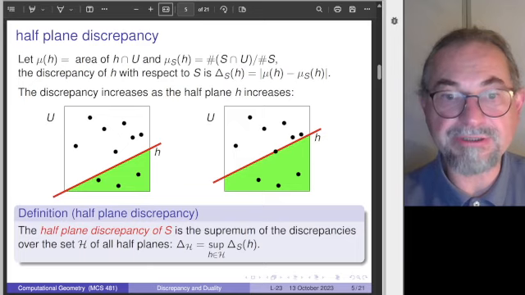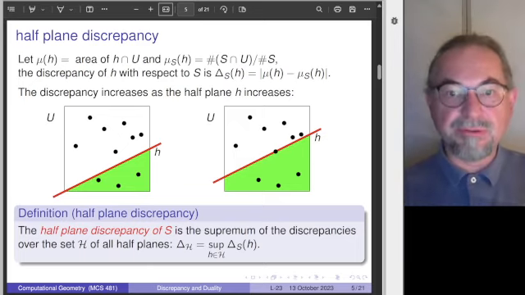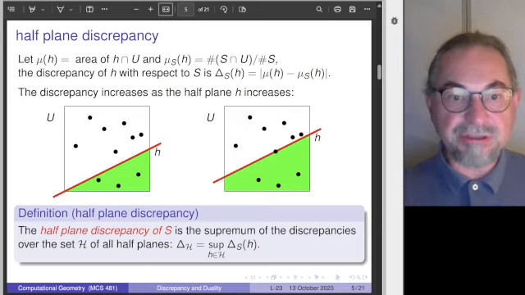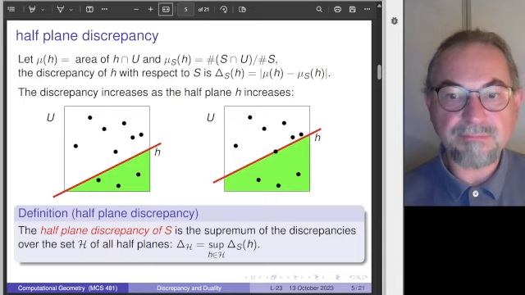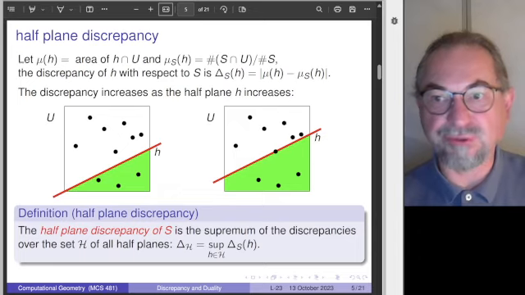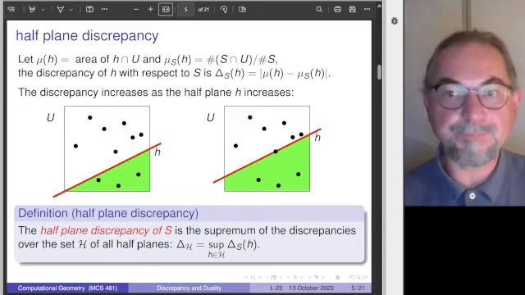So the question is, what is actually the half plane discrepancy? In some sense, what is the largest error we can make with the sample set? That is the half plane discrepancy. I mentioned on the previous slide the error was 0.05, which is quite good if you are estimating 1/4.